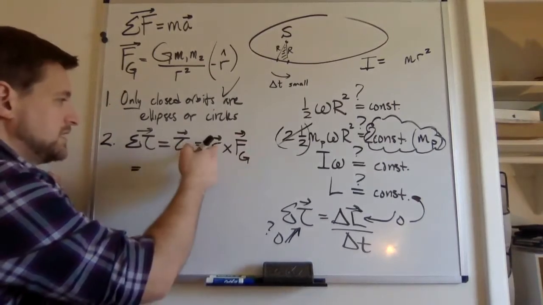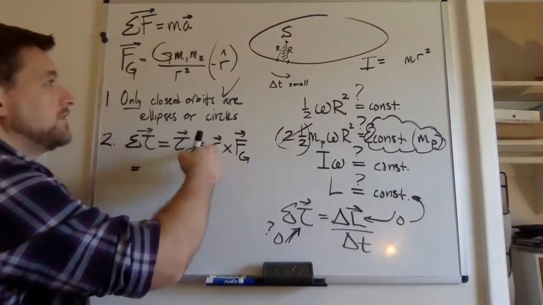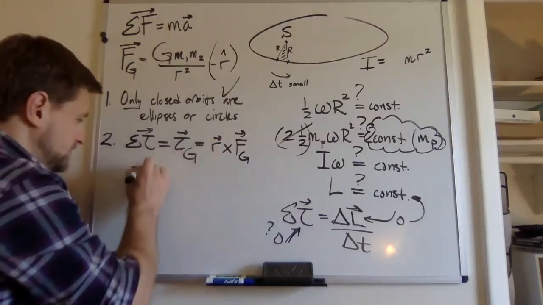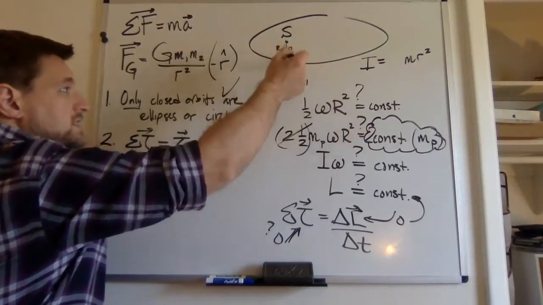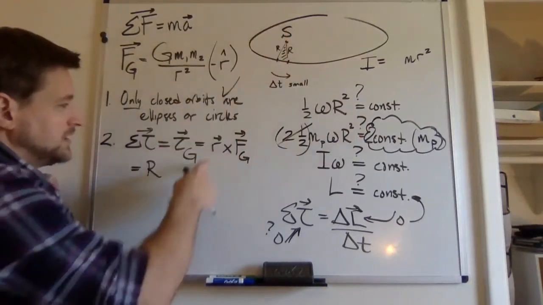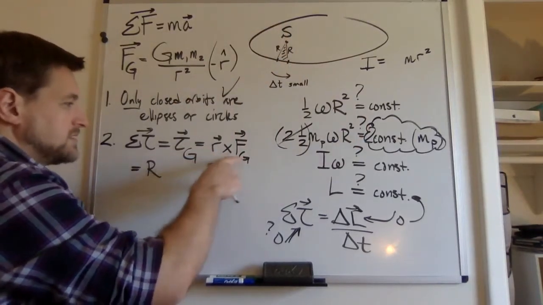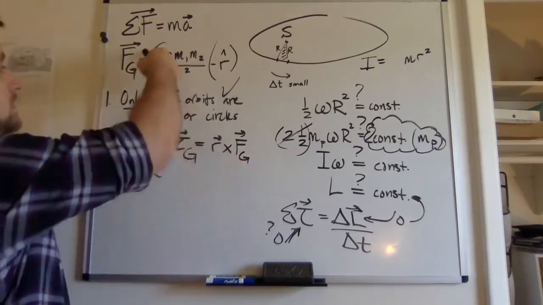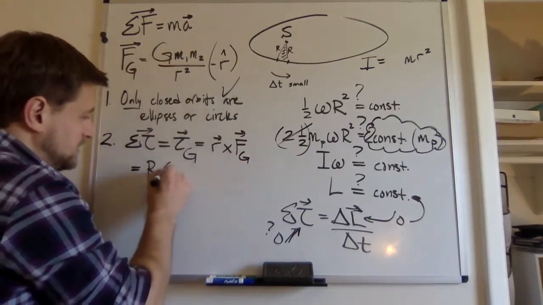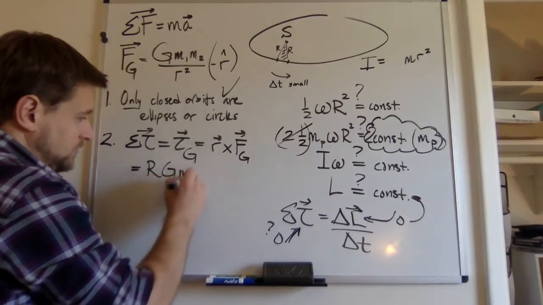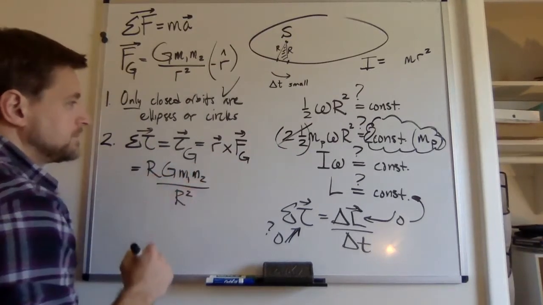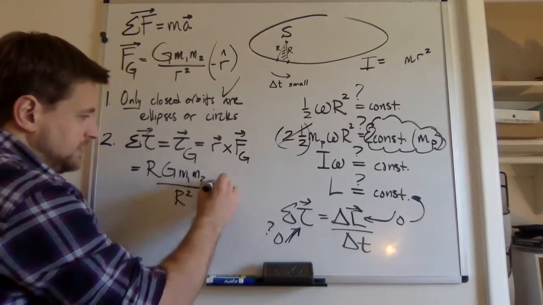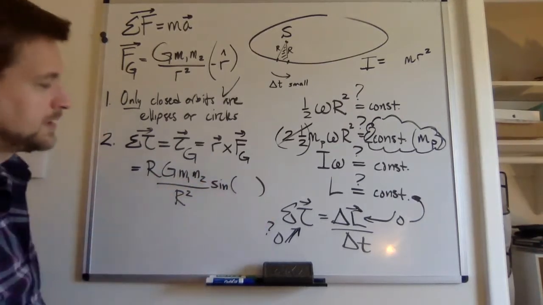Okay, so that's the size of the action distance, which we're calling capital R, because this is a small enough section that the radius doesn't change. Magnitude of the distance, the magnitude of the force is, I guess we're going to use this thing that Newton proposed, G m1 m2 over r squared times the sine of the angle between them.